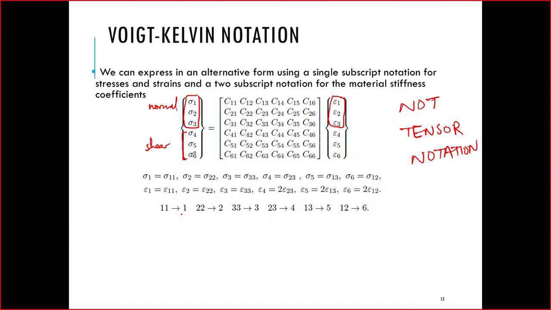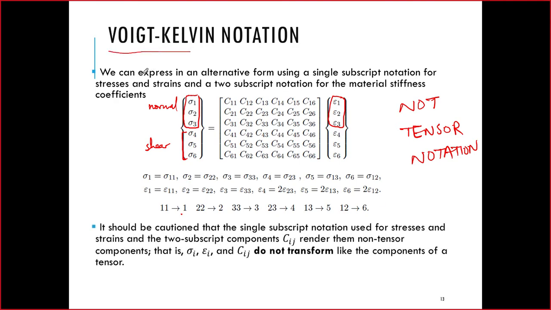And correspondingly, the subscripts of our stiffness matrix also change. Okay, now this is just to write it more compactly, and it is known as the Voigt-Kevin notation. Or as I said, this is not tensor notation.